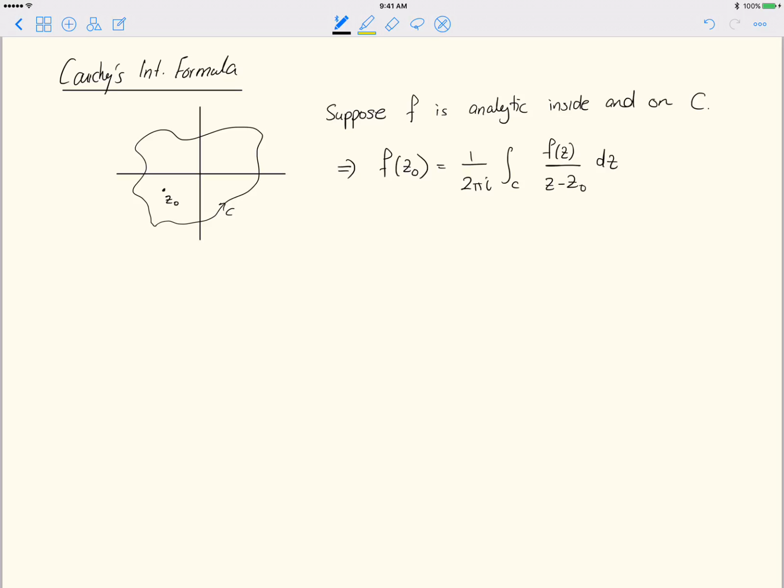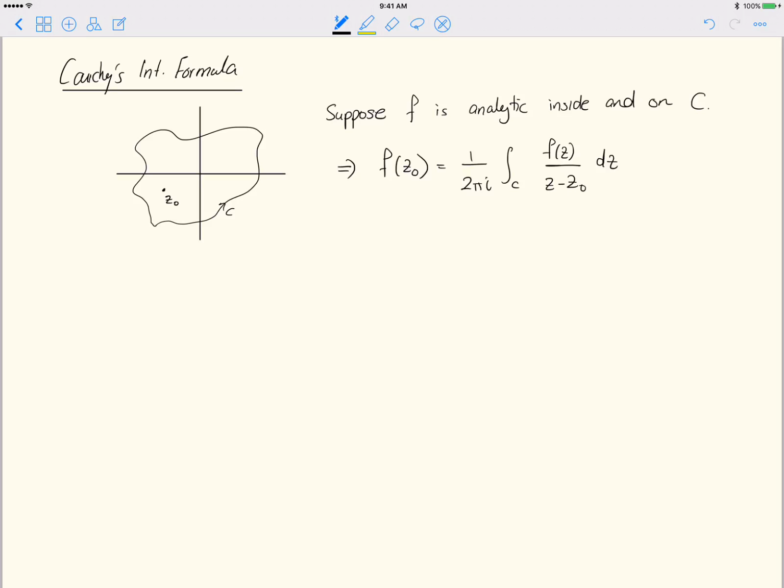So why do I like this result so much? Well, there's a lot of results in mathematics like this where they say that the value of a function at a point is somehow related to the value of the function along the boundary. And that's exactly what this is saying.